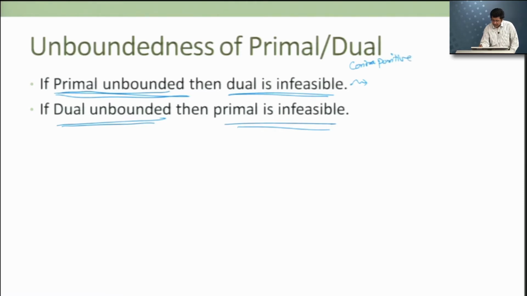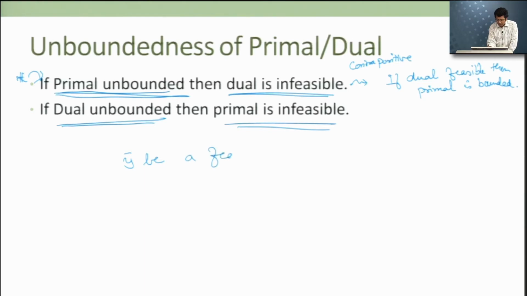So its contrapositive statement says, if dual feasible, then primal is bounded. Why is that? Well, let the dual problem be feasible. We are proving this first one; the second one is just the reverse argument. Let Y be a feasible solution for the dual.